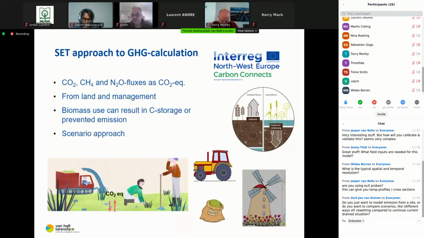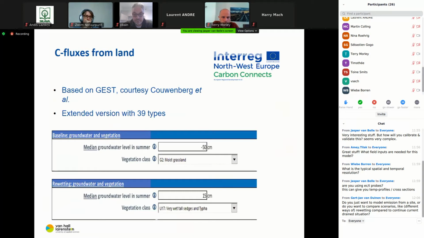And as it is with these types of tools, it compares situations, so basically the do-nothing scenario, and compares this to what changes if you do change something, for instance, your land management or your water levels. And then the difference is what you can claim for payment schemes.